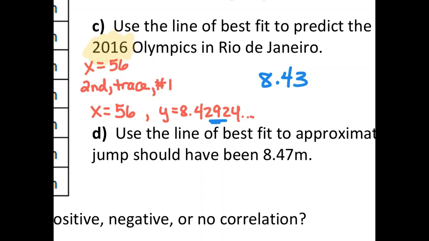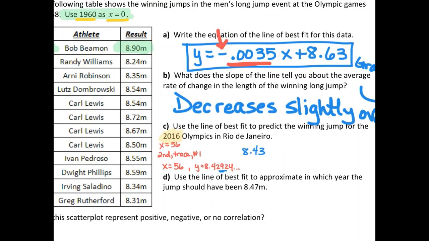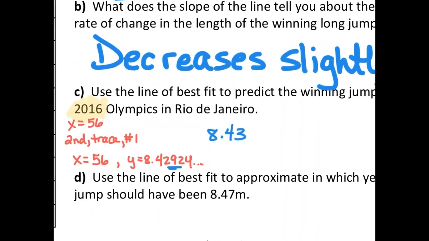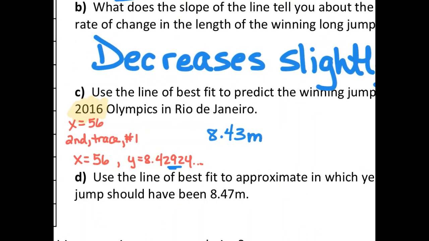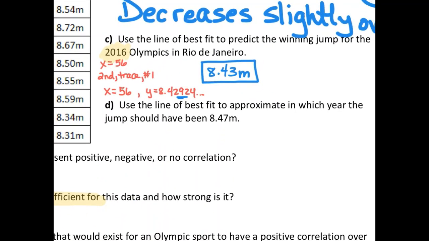But remember that we want you to round to 2 decimal places and then label your answer. So in your chart over here under result, you'll see that all of these measurements are given in meters. And so what you're saying here is that the prediction for the winning jump in the 2016 Olympics is going to be 8.43 meters. I don't think I could jump that far, whether it's better or worse than the last person that jumped it.